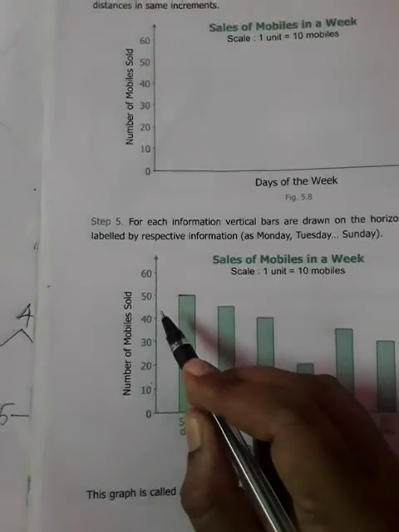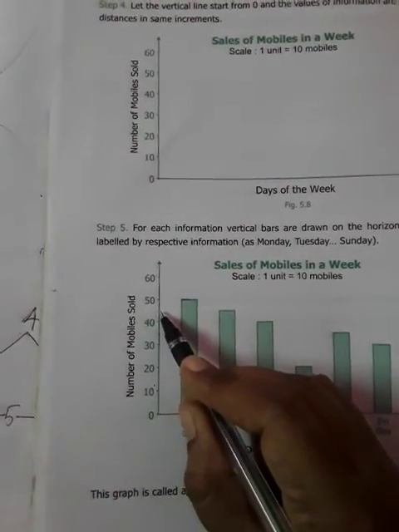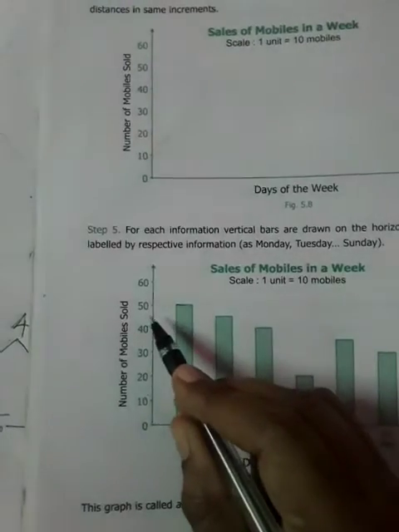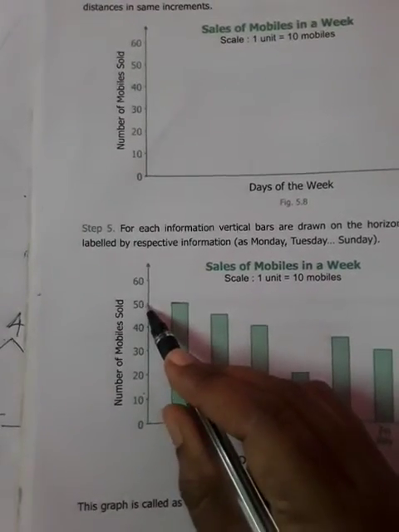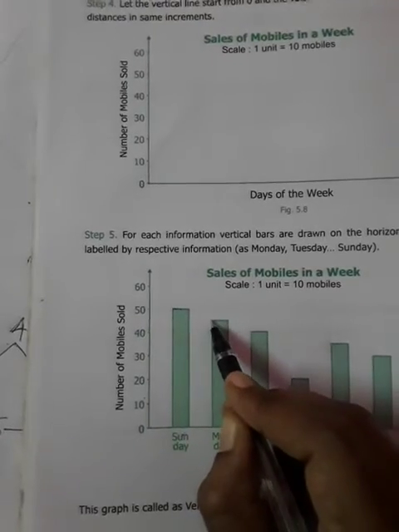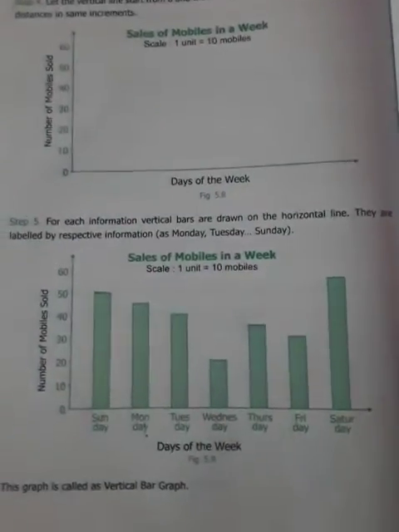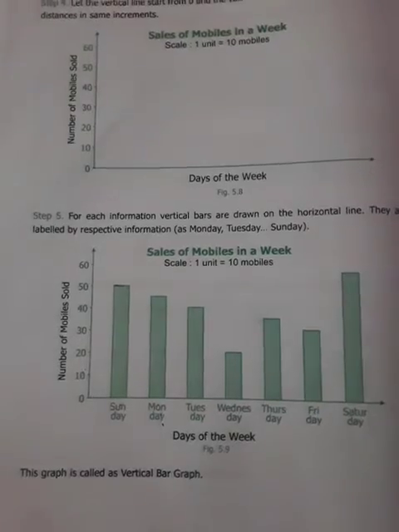After 40 what will come? 41, 42, 43, 44, 45. So in the center it will come. So choose the center and draw the line in the Monday. After that draw a bar. That's it. All other remaining bars you want to draw in the same way.